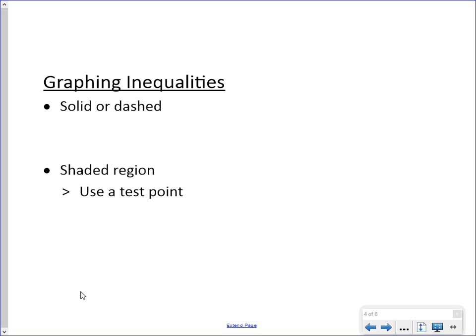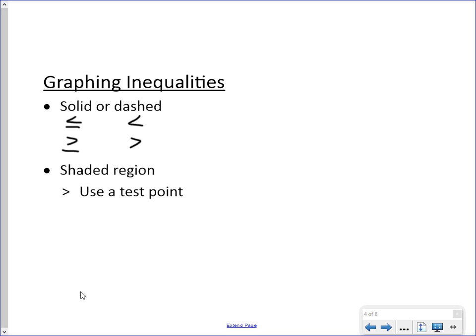It doesn't have to be linear. Solid is going to come from anything with the or equals to sign. So less than or equal to, greater than or equal to, I'm going to draw a solid curve. If it's just less than or greater than, then I'm going to have the dashed curve. There's also that shading where we get the many solutions. There's more than just one single answer.